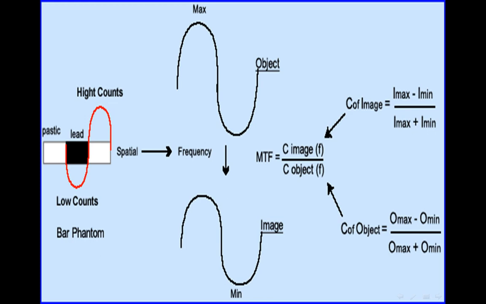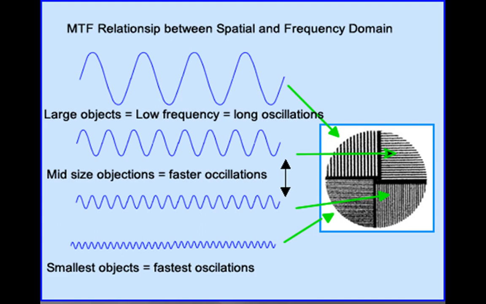You will find this in a small number of line pairs per centimeter, for small frequency. Small frequency represents a number of line pairs with large gap, but higher frequency represents a number of line pairs with very small gap.